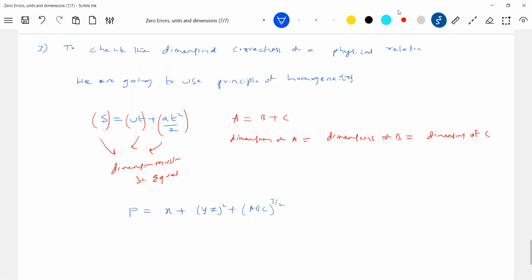And then what is the condition? The dimensions of P should be equal to the dimensions of X. The dimensions of X should be equal to the product of not only the individual, the dimensions of this and the dimensions of this one. So where YZ is what? Alpha, you can write it. So what can we write now?